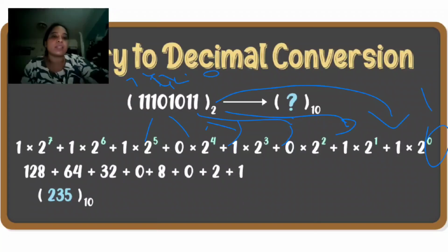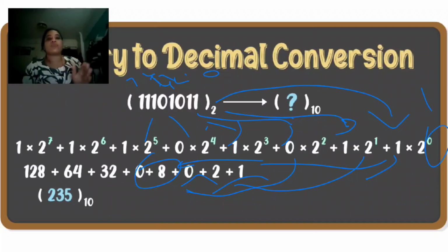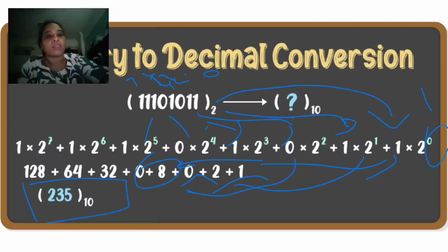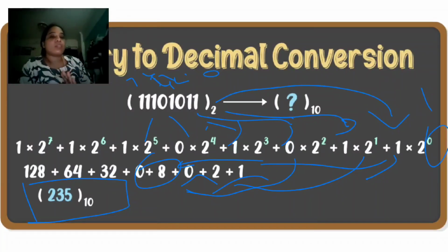Next, 2 power 3 is 8, again a 0, then 2, and the last value is 2 power 0, which is 1, so 1 into 1 is 1. Now we add all these numbers: 128, 64, 32, 8, 2 and 1. You will get the answer 235 base 10. So this is the value of binary to decimal conversion.